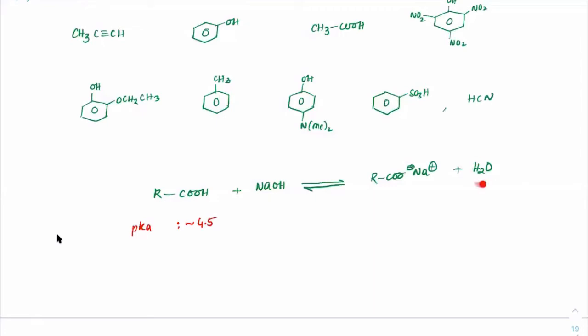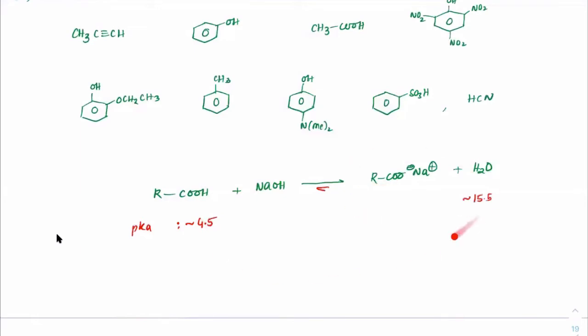The conjugate acid of OH minus, if you compare, is around 15.5. Correct? Now you can see it is going from low pK value to high pK value. Hence the reaction will be favored, mostly in the forward direction and very little in the backward direction. Is this point clear, everyone? Got it? That is what you need to check.